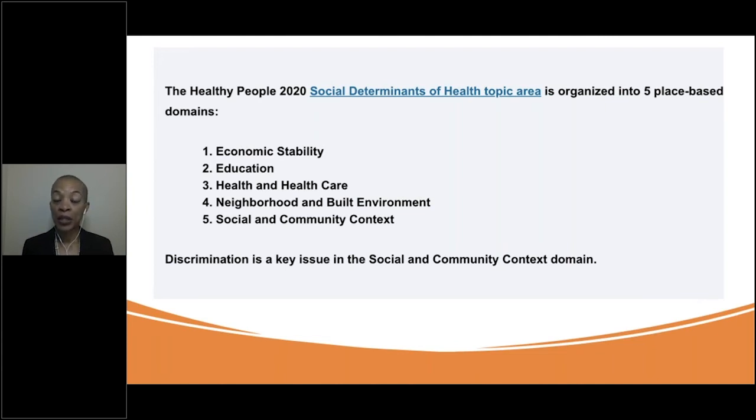There is the economic stability of patient populations, variability in education, health versus health care, neighborhood and built environment. I think earlier Dr. Jones mentioned zip code, and social and community context, very much in terms of discrimination being a key issue in the social and community context domain.